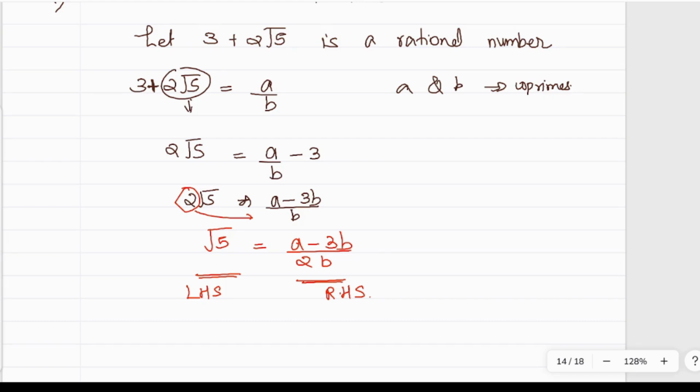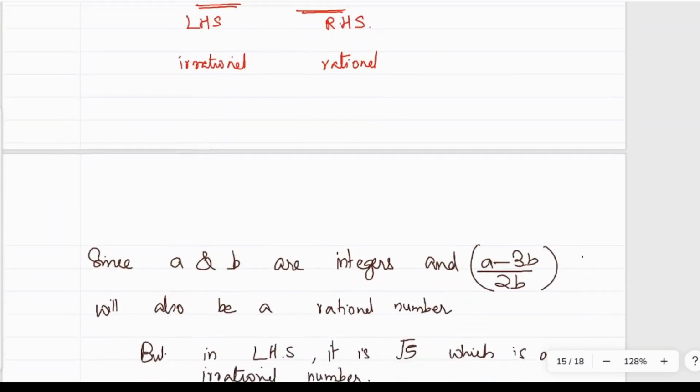A, 3, b, these all numbers we know that they all are integers. So obviously when we do the calculation there, we are going to get a rational number, right? And here this root 5, it's an irrational number. Look, this LHS is an irrational value. And what about the RHS? RHS is a rational value. So is it correct then? No. So what we can write?